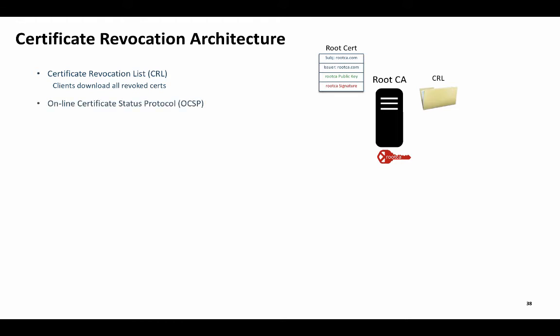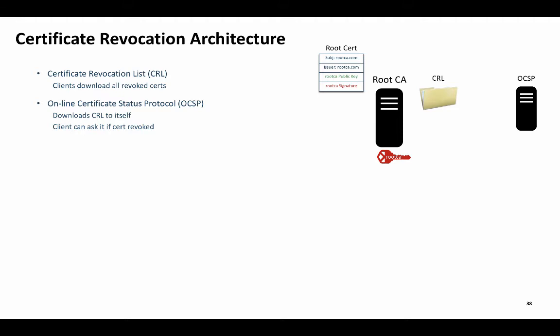More recently, the Online Certificate Status Protocol Responder, or OCSP responder for short, was invented. It downloads the certificate revocation list, and thus the client can ask the OCSP responder whether or not the certificate of the server is on the list.